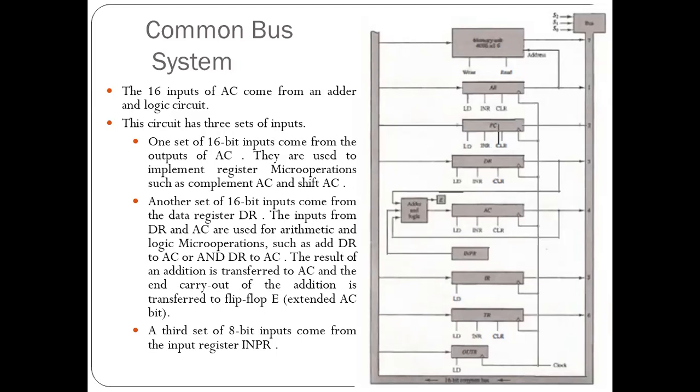And the third set of 8-bit inputs comes from the input register when your operand is available in an input device, that is input read. So the accumulator can have another set of data coming from the register.